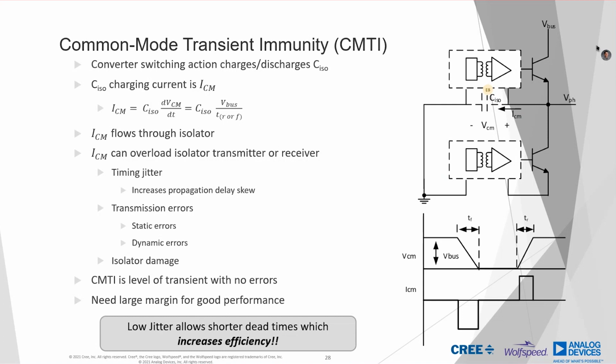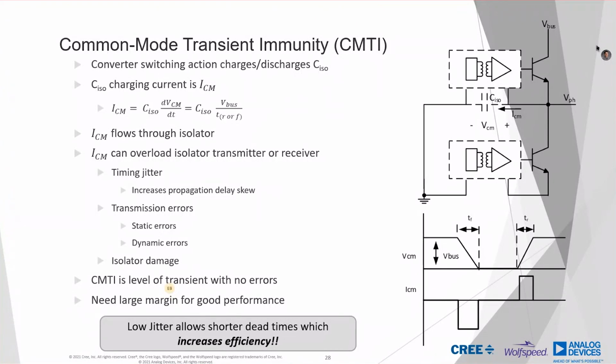So if the isolator in the gate driver isn't properly designed to handle those large currents, you're going to have issues. You can have timing jitter, transmission errors where the gate drive doesn't go when it's supposed to. Conceivably, you could even have isolator damage, though with most modern gate drives at this point, they don't get damaged, but they'll have problems with the signaling. Common mode transient immunity is the level of the transient you can apply that doesn't have an error.